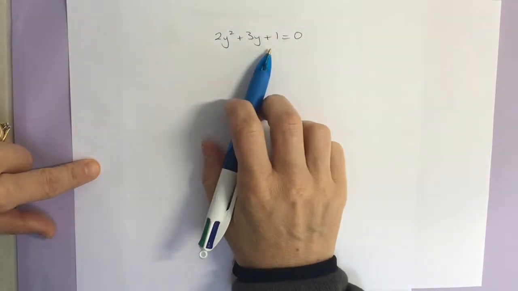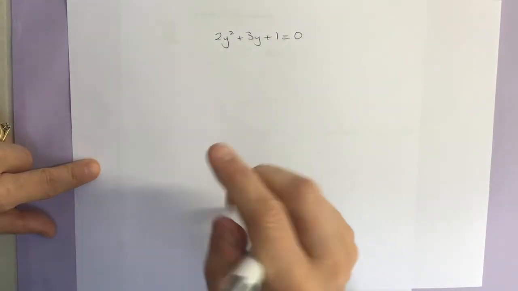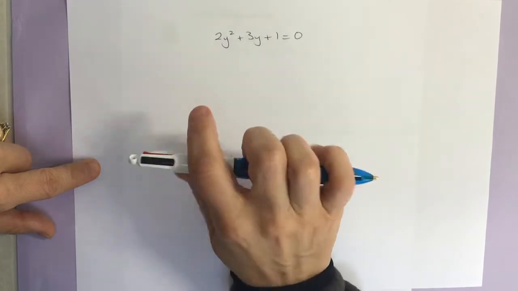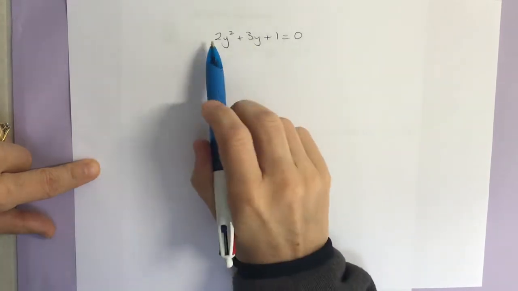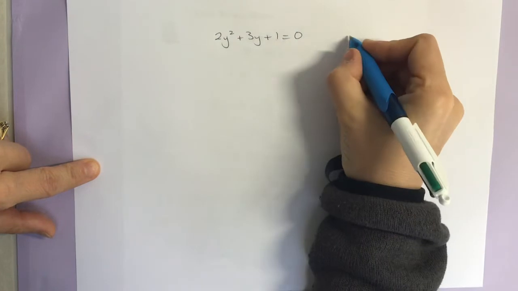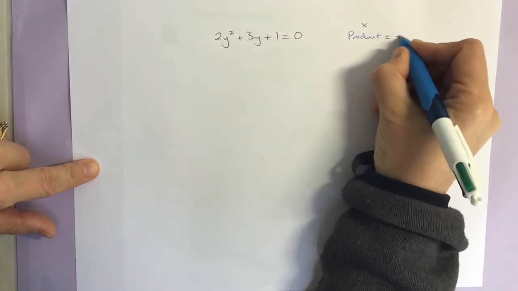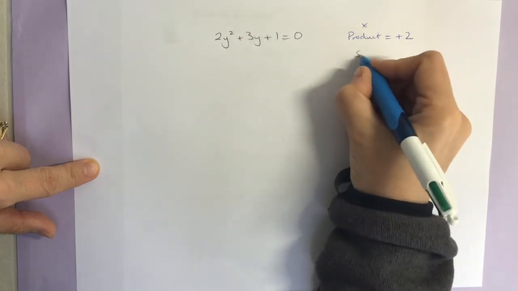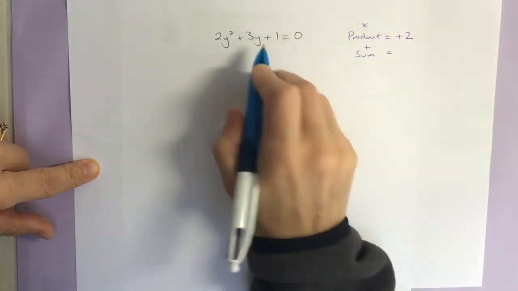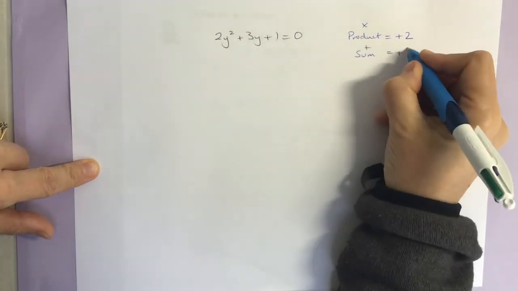So we've got our quadratic. Let's have a look at our product. So our product here, let me just see, 2 times 1, positive 2. So our product, where I'm multiplying, is going to be positive 2. Our sum, where I'm adding, is going to be this coefficient, positive 3.